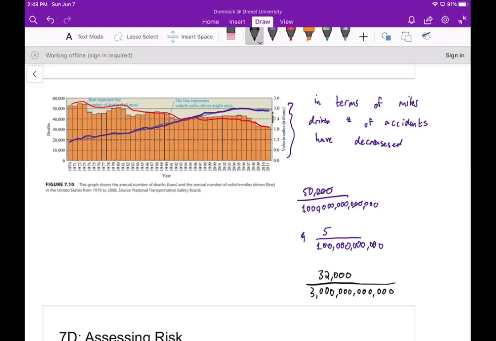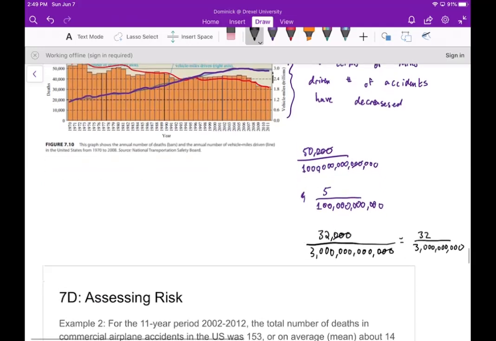You're going to see that this is actually going to decrease a lot, because once these three cancel with these three, we then have 32 over 3 billion. And of course, once you plug these numbers into a calculator, you would find that the death rate has drastically improved based on this graph.